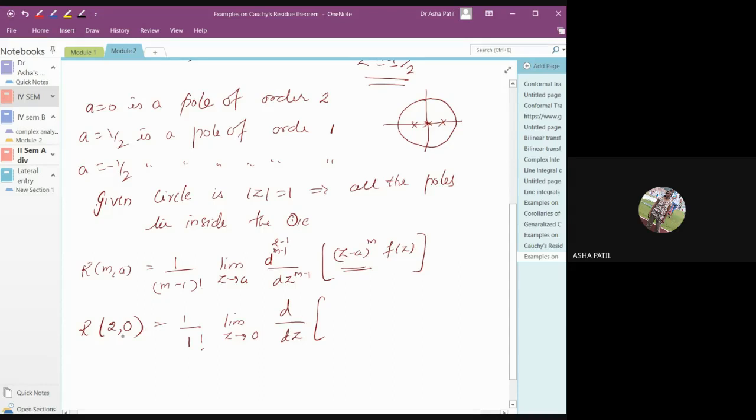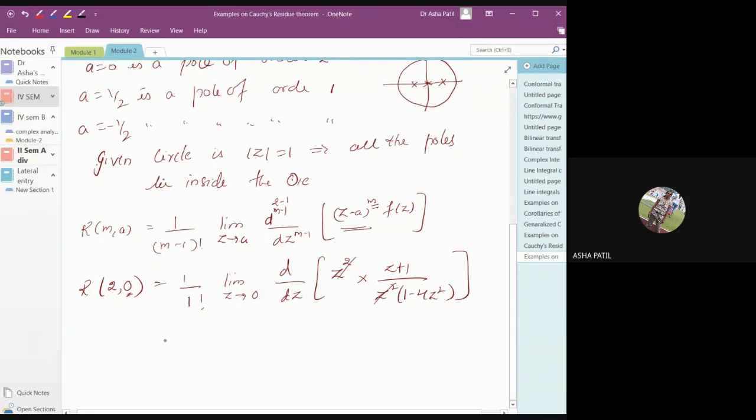Here z - a is z - 0, so (z - 0) raised to 2, which is z², into the function f(z), which is (z + 1) divided by z² into (1 - 4z²). So what happens? z² cancels.